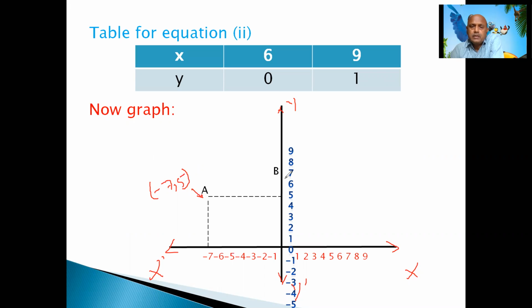Coordinate of B is 0, 6. This point is B. Its coordinate is 0, 6. You can draw the straight line like this.